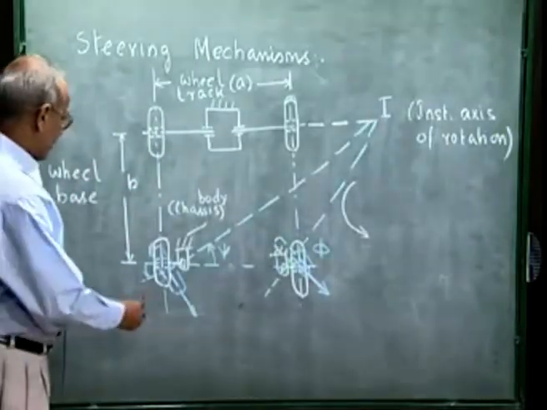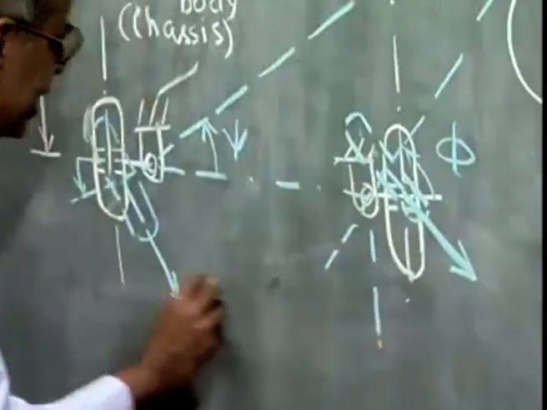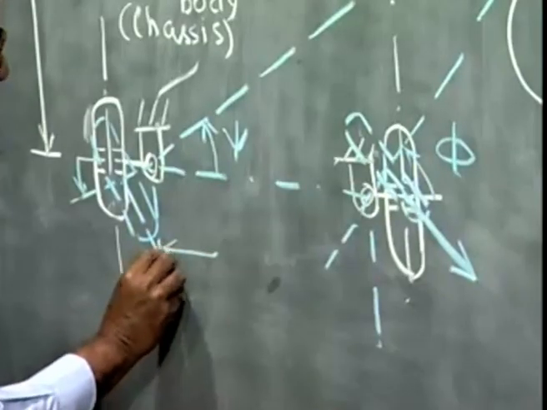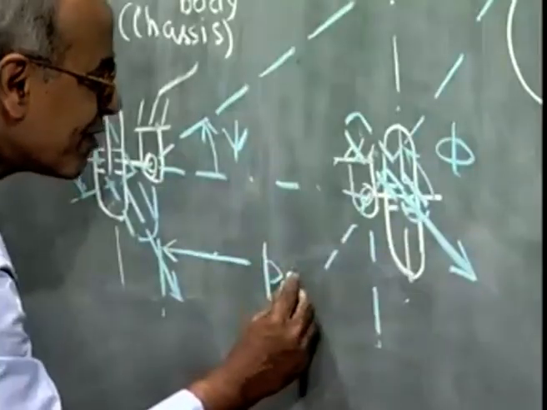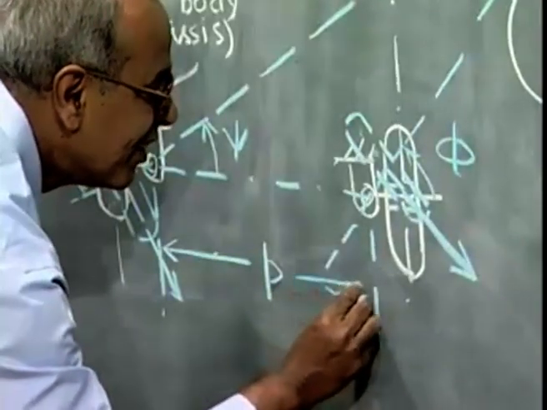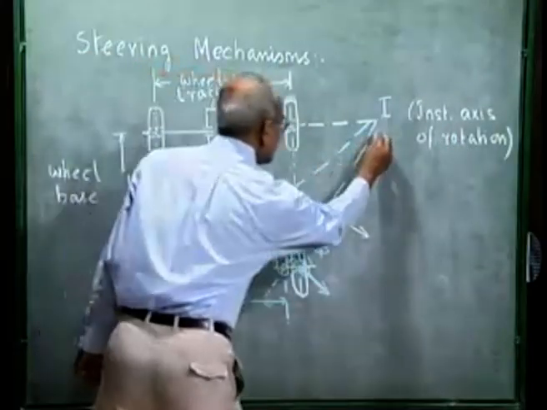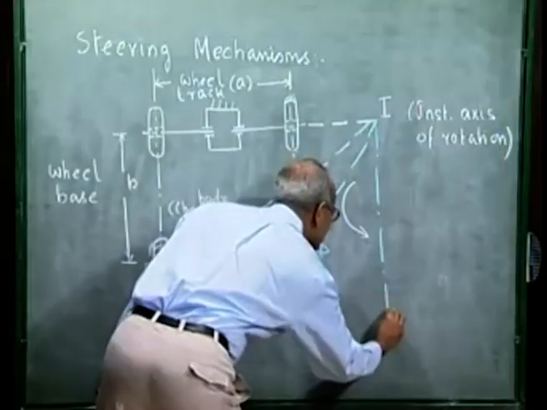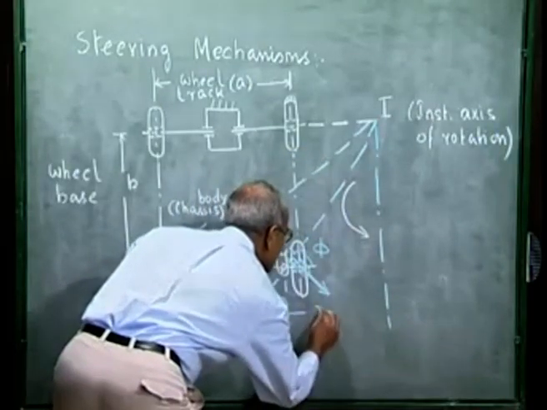So let me find out what is the condition. Let us see. If we say that the distance between these two pivots in this direction is p, and if I say the distance of this instantaneous axis of rotation from this pivot is say x.